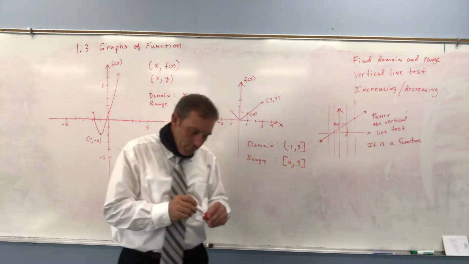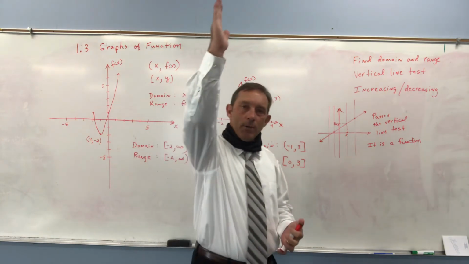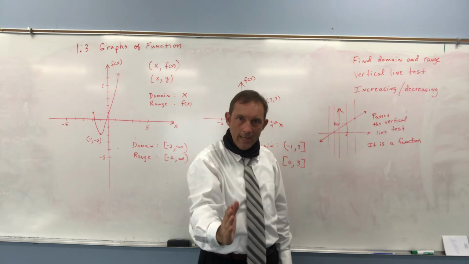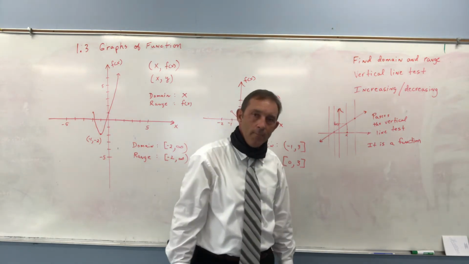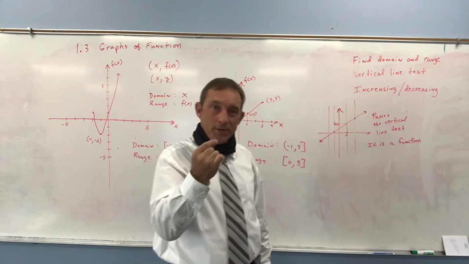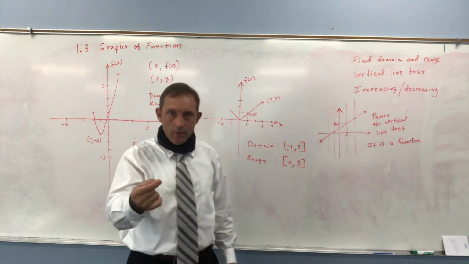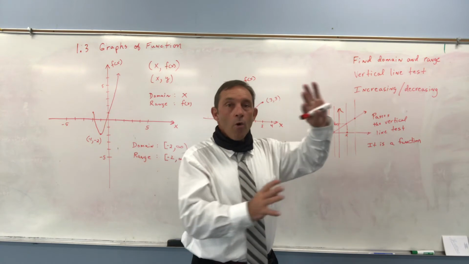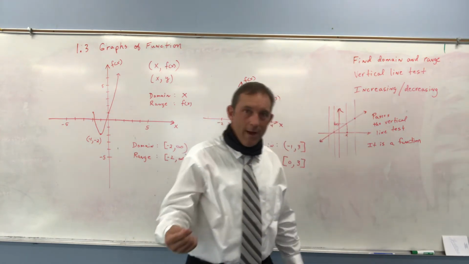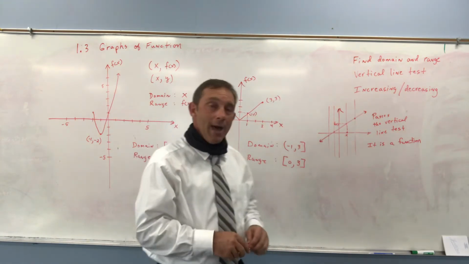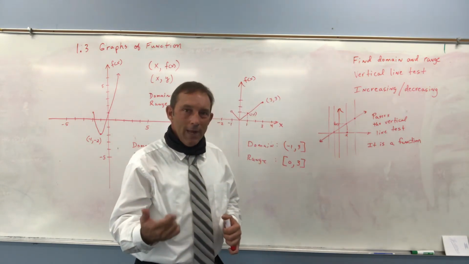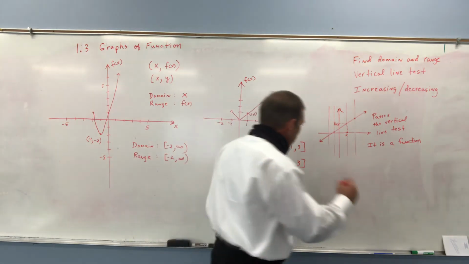That's what the test is trying to determine for us. Because if a vertical line can hit the graph in more than one place, as we'll see in the next example, that means there is a particular x value, domain value, that is paired with not just one, more than one range value. And by definition, that would not be a function, and the vertical line test would expose that reality. All right, so let's look at an example like that one.